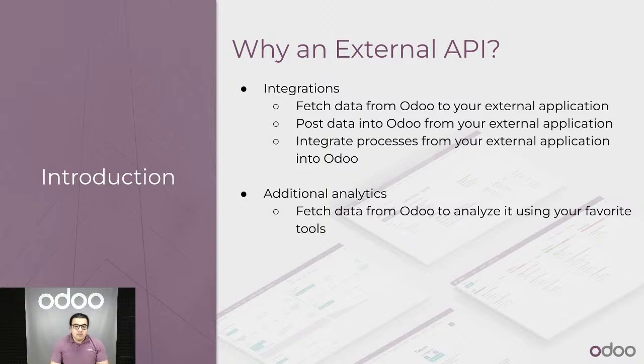For example, push an additional invoice to Odoo without opening the Odoo platform. Or maybe you are training some sort of machine learning model. You could fetch the data from Odoo directly. So in general, that's why you would be using the external API, mostly automations and integrations.